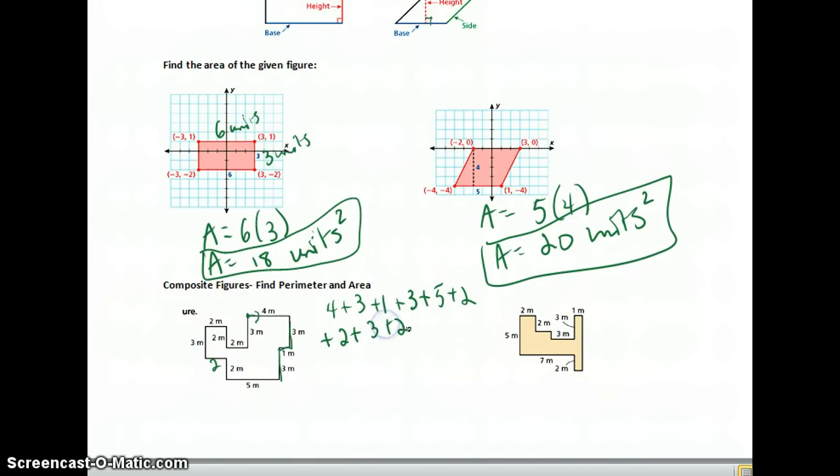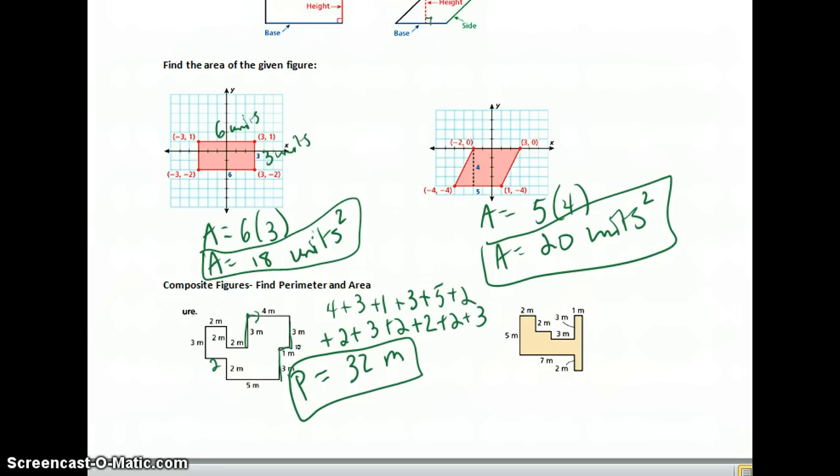Plus 3, plus 2, plus another 2 going down, a 2 across, and a 3 going back up to my starting point. It is important that you get every side of this figure, because we're talking about the perimeter if we're walking around this figure. If we add all of these together, we end up getting 32 meters, and that is our perimeter.